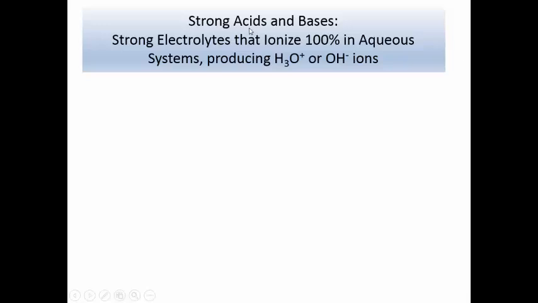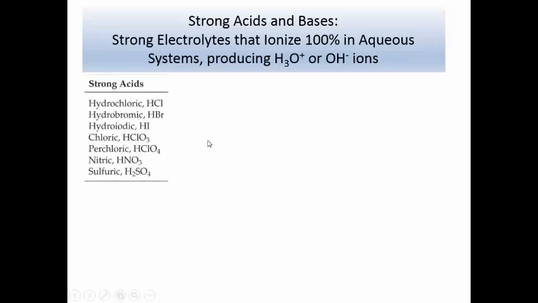Strong acids and bases are basically, I like to think of them as very ionic compounds that ionize or dissociate in solution, breaking up to produce ions. And acids or bases produce, as one of the ions that's formed, either hydroniums or hydroxides. So it's very simple chemistry.